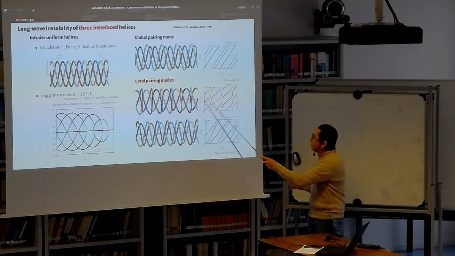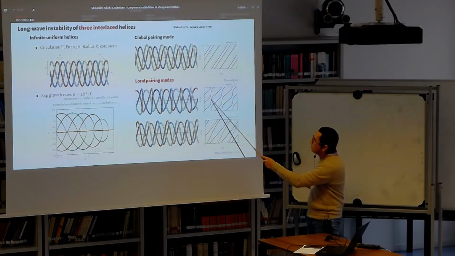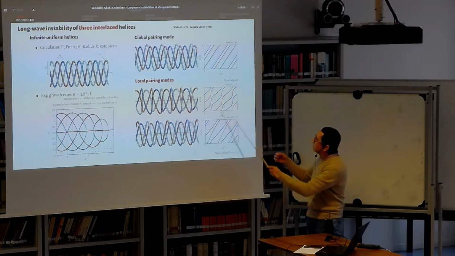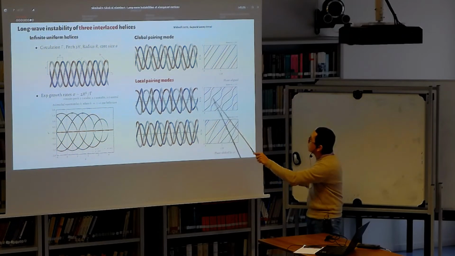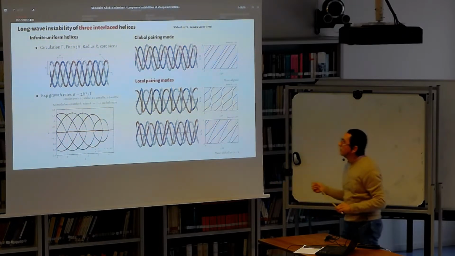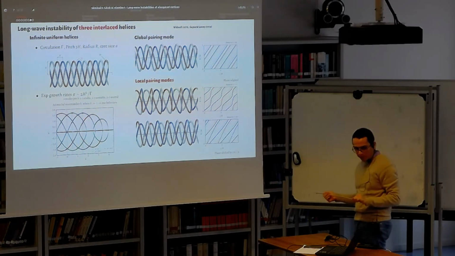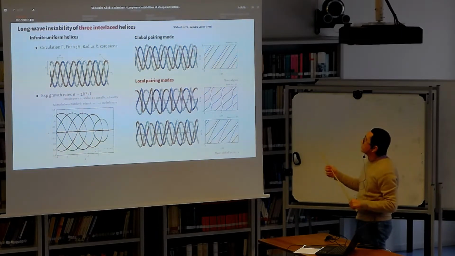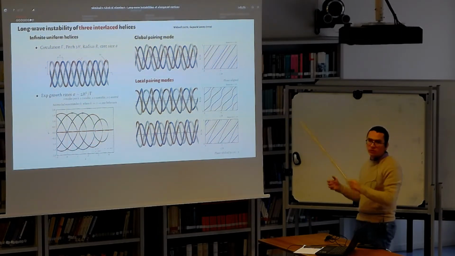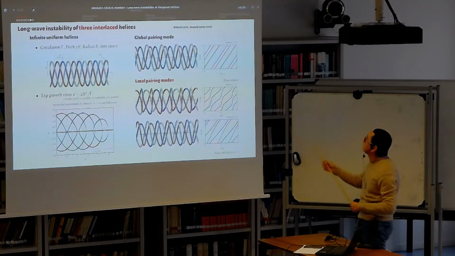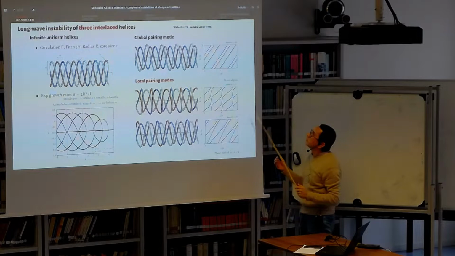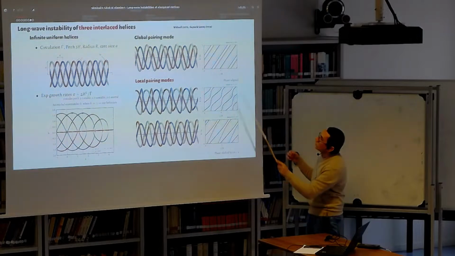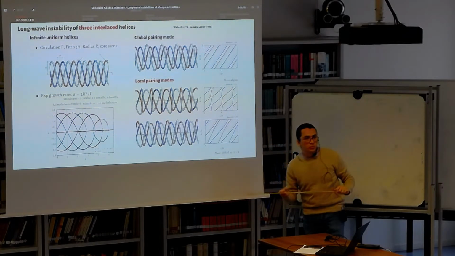So we have this amplification of displacements that are going to create these local pairings, like we can see here and here. All right. So we also have a special case in addition to the local pairing modes. We have the mode that exhibits a uniform deformation, and they're getting closer together. So this is what we call global pairing.